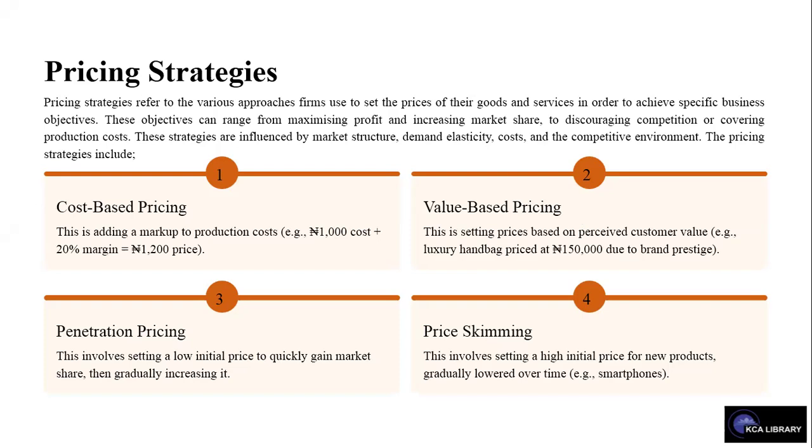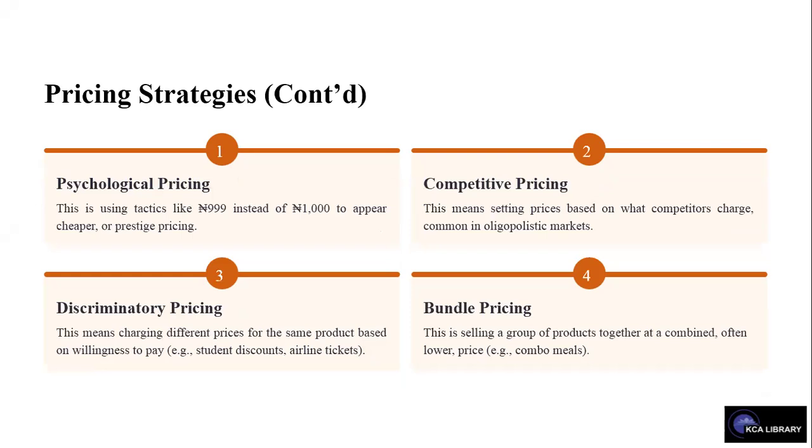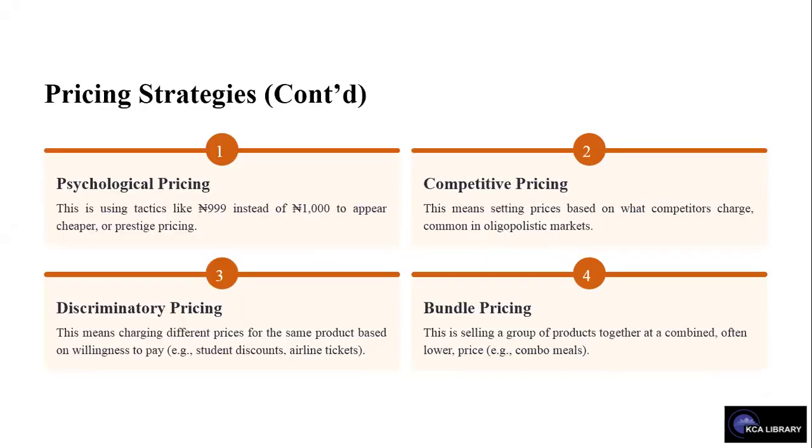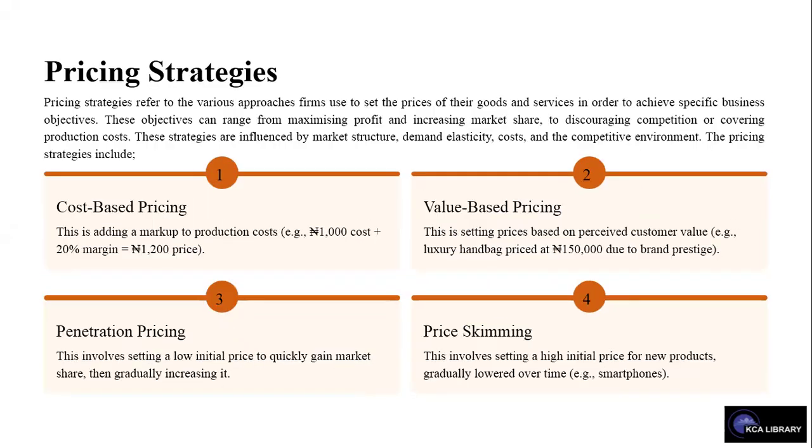And it actually includes the cost-based pricing, the value-based pricing, penetration pricing, price skimming, the psychological pricing, competitive pricing, discriminative pricing, and the bundle pricing, the dynamic pricing, and the predatory pricing. Taking it one after the other, the cost-based pricing is adding a markup to production cost.